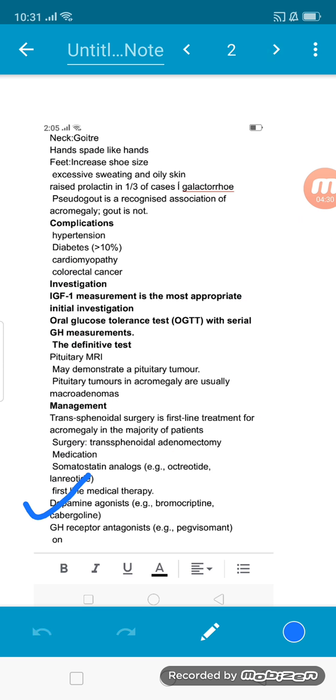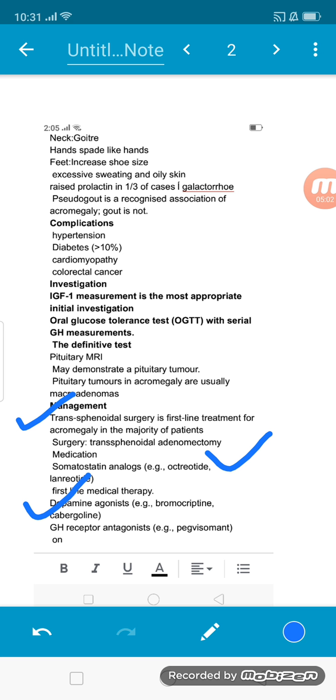What about the management? We have transsphenoidal surgery. Remember, surgery is the first line in acromegaly, and like prolactinoma, you remove the tumor by performing transsphenoidal surgery. For medications, the first line is a somatostatin analog. Remember, octreotide is the one, because somatostatin normally blocks hormone secretion, so octreotide will work, and that is the first line medical therapy.